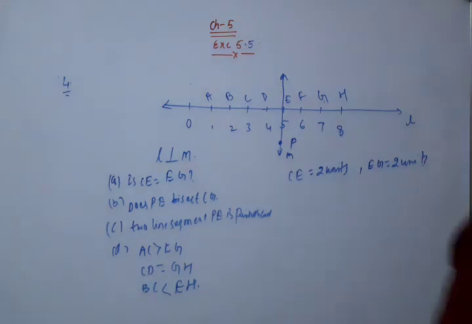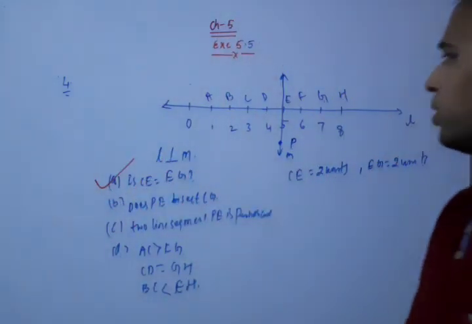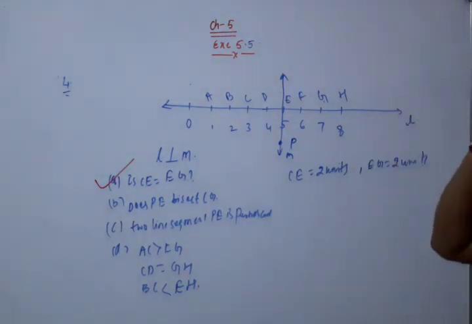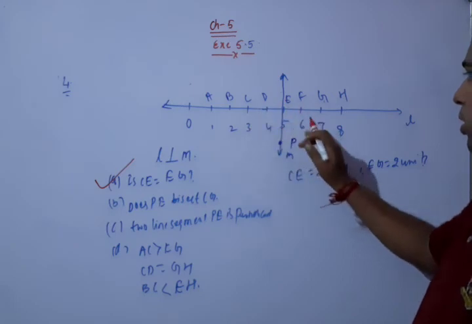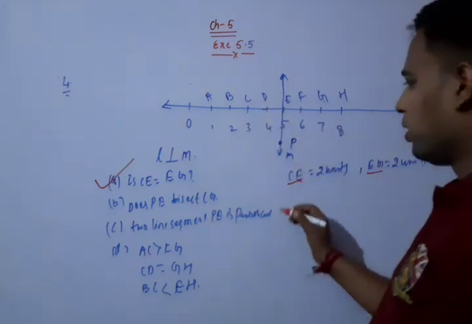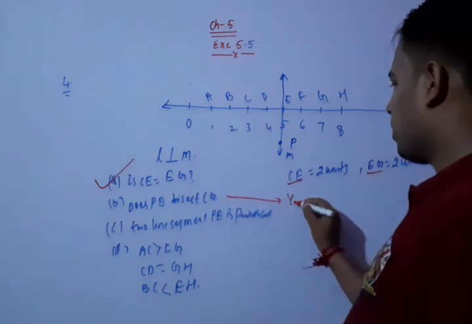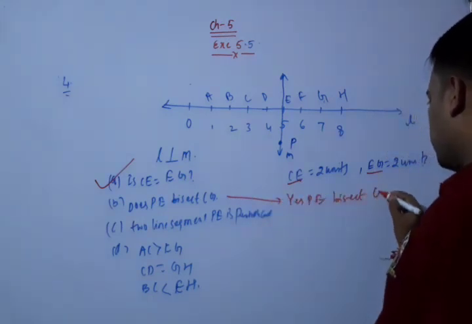Now does PE bisect CG? Yes, because CE and EG are equal. So yes, PE bisects CG.